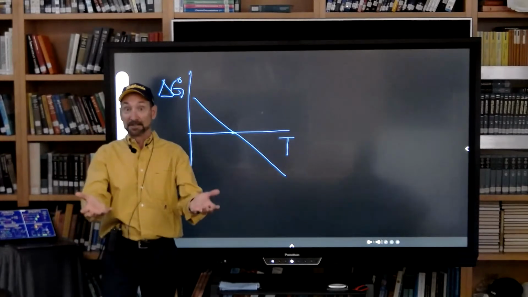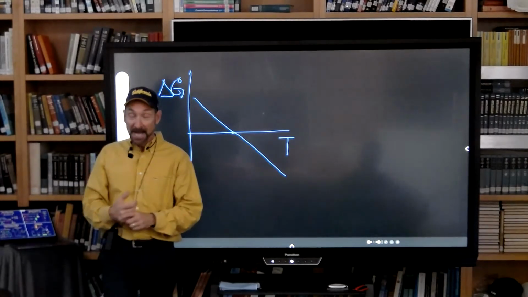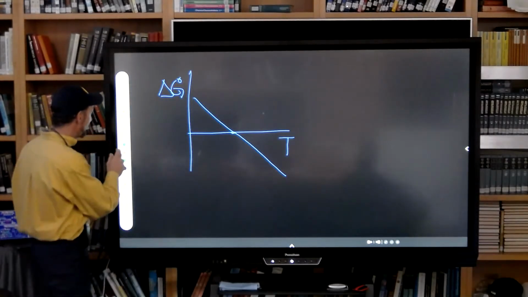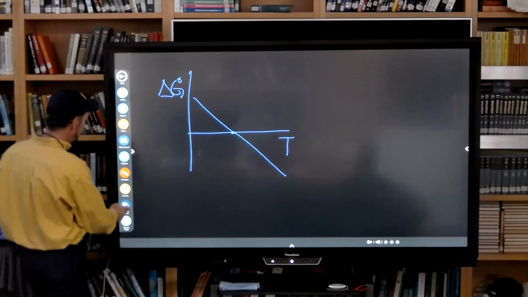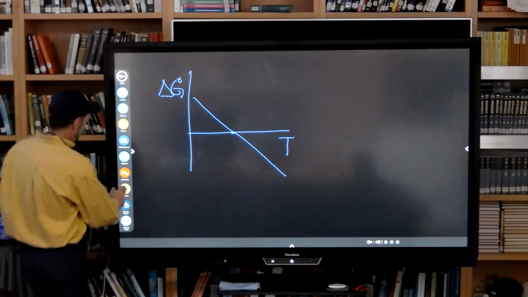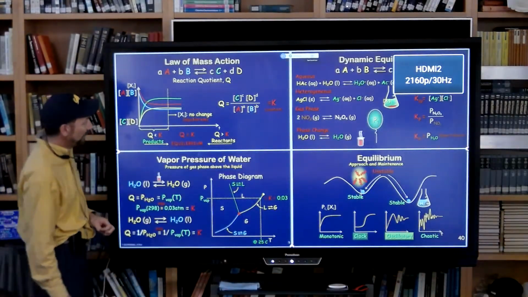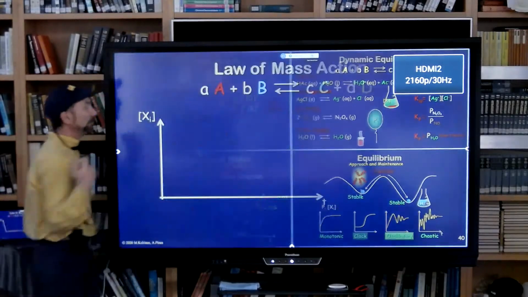Either is equal. They're equally likely, the products and reactants. So that's the situation we're going to look at now. And that, you might already be guessing, is called equilibrium. So let's talk about equilibrium.